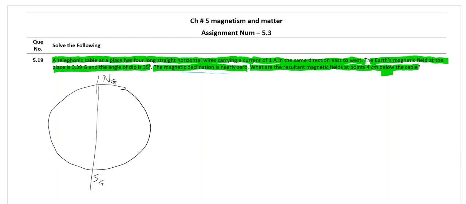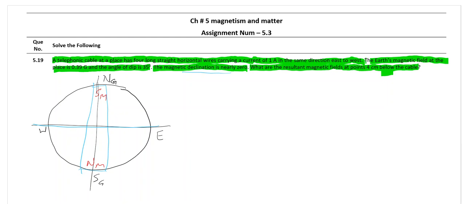It means that the Earth's magnet is also along this geographic north-south line, and then this becomes magnetic south, and here is magnetic north. If this is geographic east, geographic west, then magnetic east-west is also on the same line, and then we can say that wire or cable is perpendicular to the Earth's magnetic field.